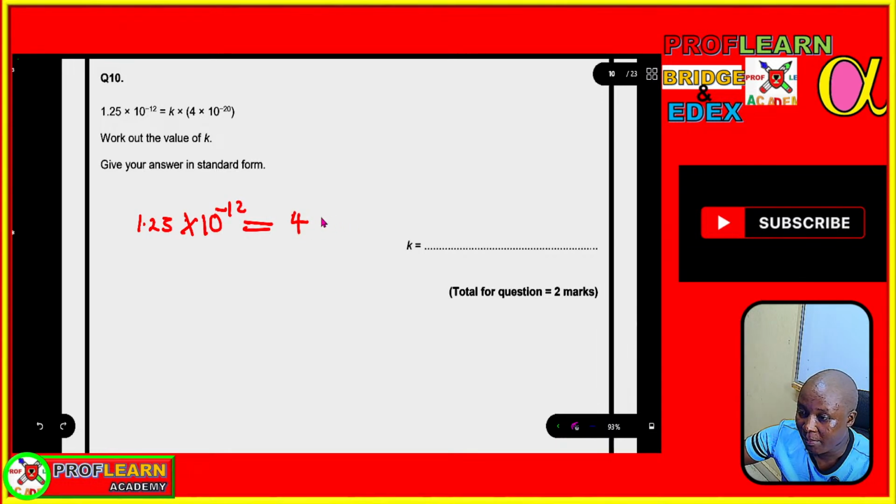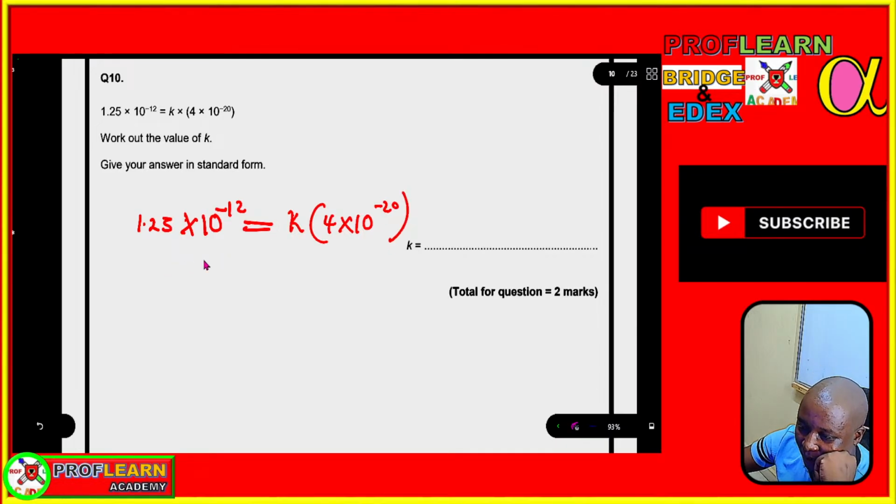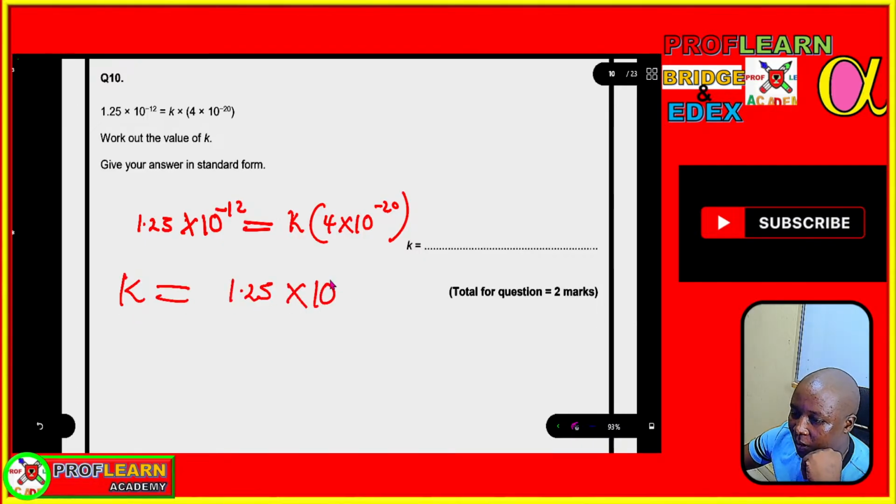All right, so let me just leave my k there in peace, into bracket 4 times 10 raised to power negative 20. In order to remain with k, I'll divide, so that I will have 1.25 times 10 raised to power negative 12 over 4 times 10 raised to power negative 20.